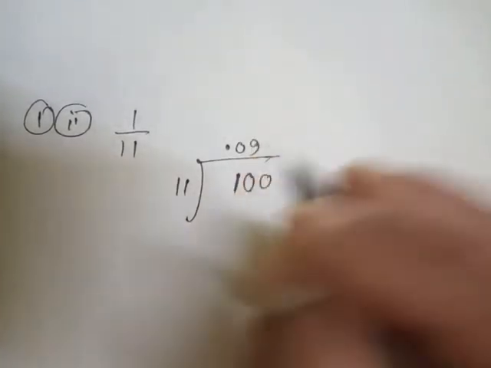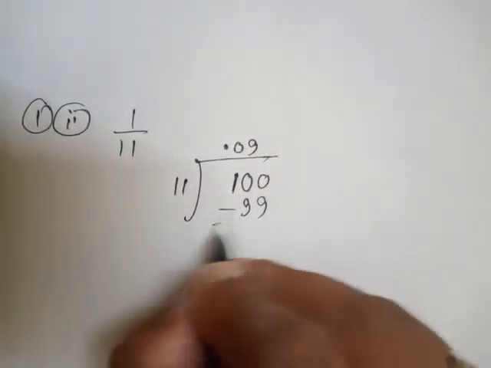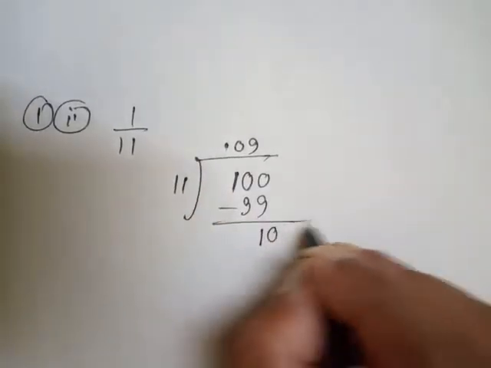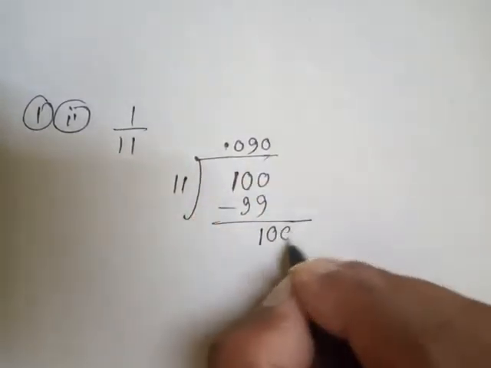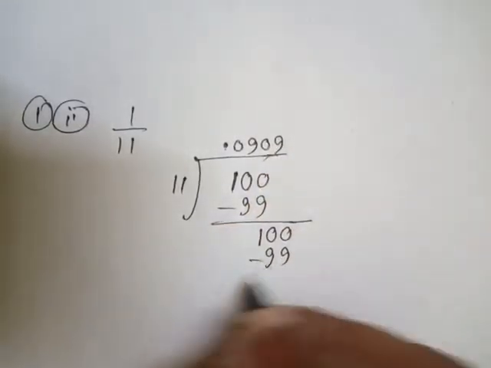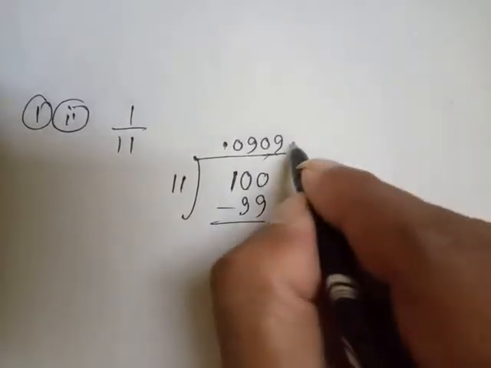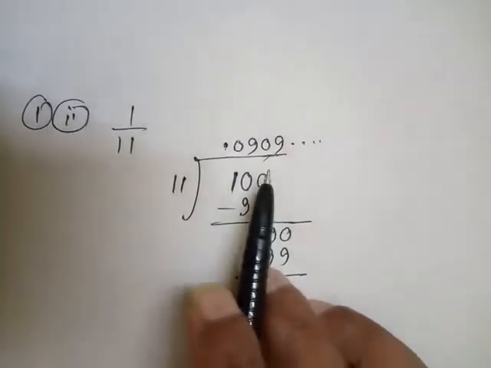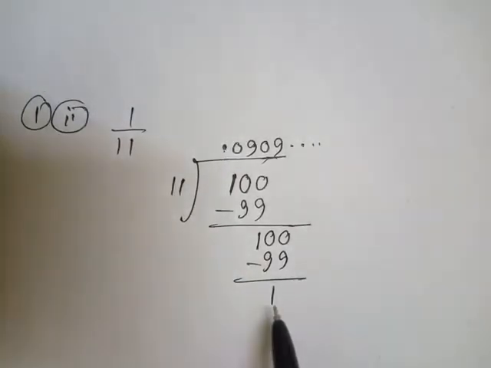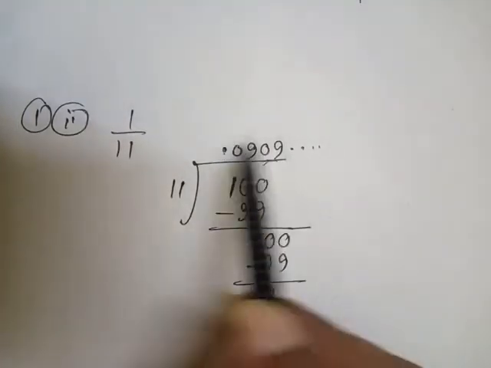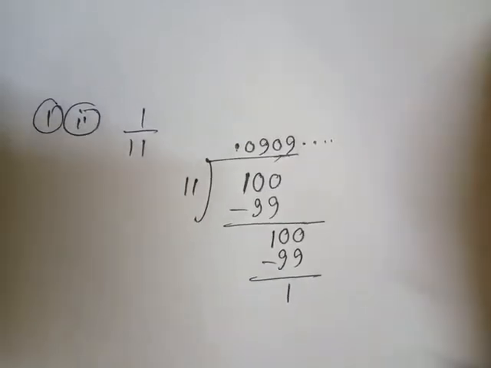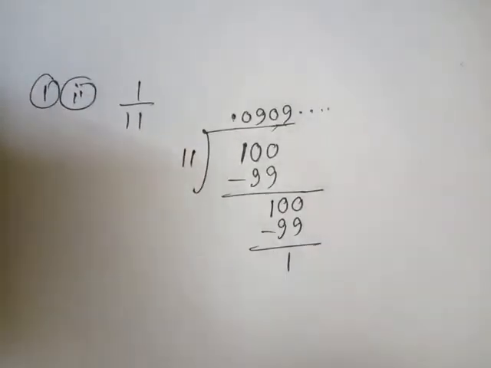Now 9 into 11 is 99, minus means the remainder is 1, so again decimal point, then 0. Now 100, 9 into 11 means 99, and we get only remainder 1 again, which means it starts with 1 and ends with 1. So this decimal expansion is a non-terminating repeating decimal expansion, which means 09 repeats continuously.